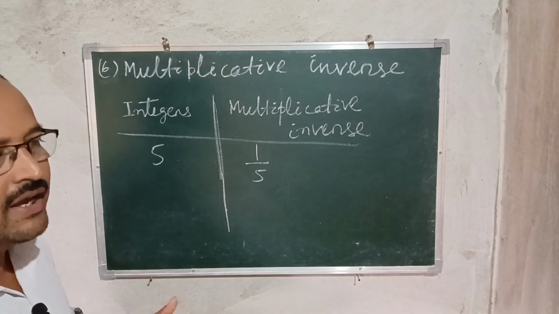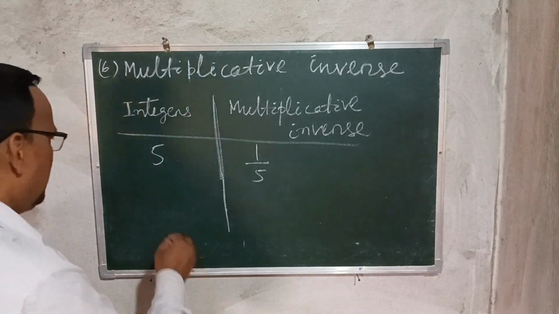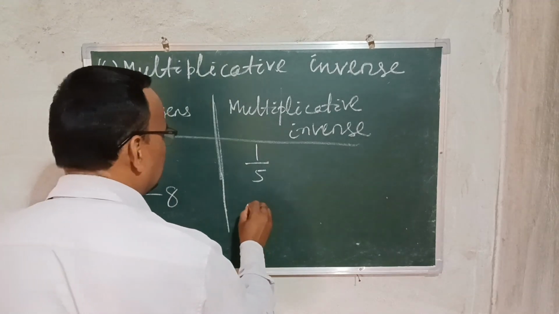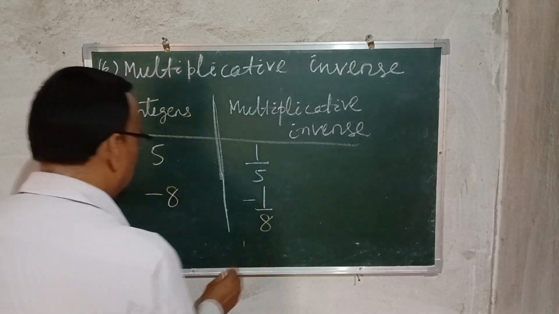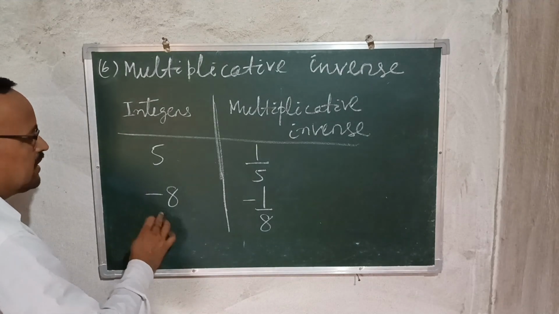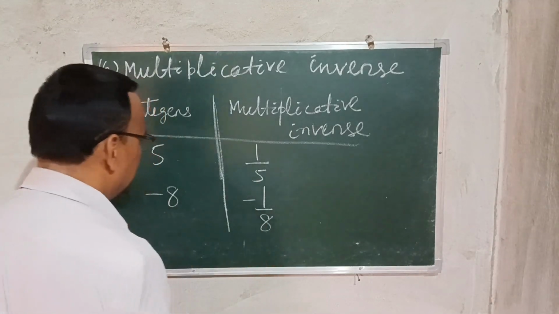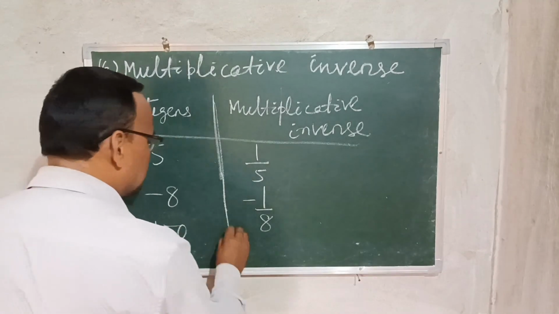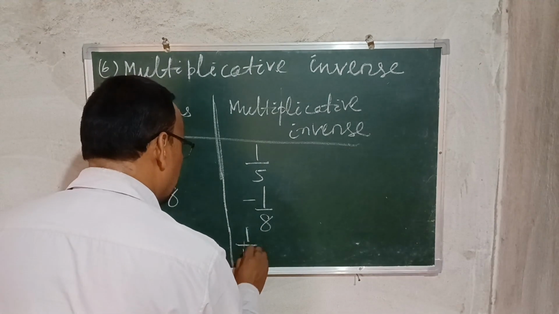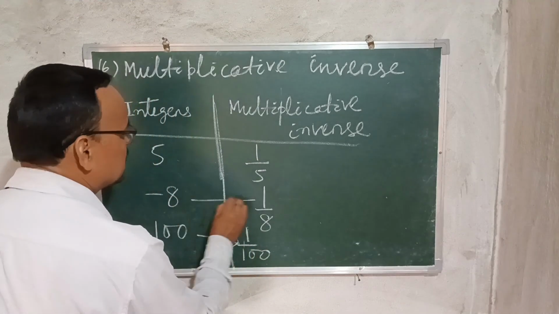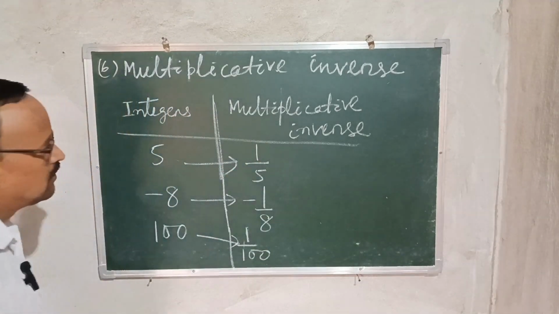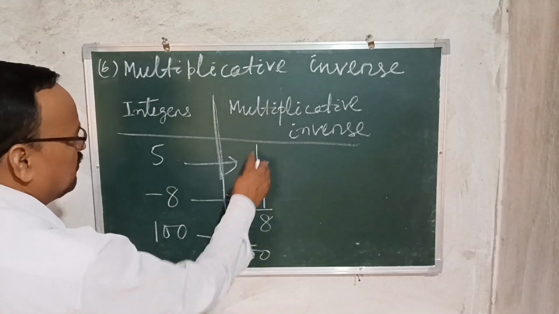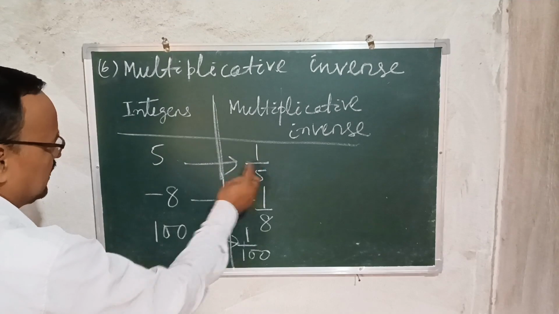The multiplicative inverse of a is 1 by a, and for minus 8, the multiplicative inverse is equal to minus 1 by 8. The multiplicative inverse of 100 is equal to 1 by 100. These are integers and these are the multiplicative inverses of these integers.